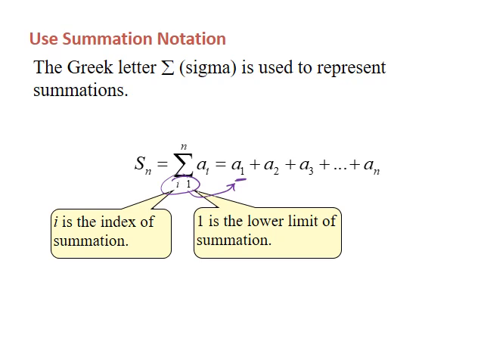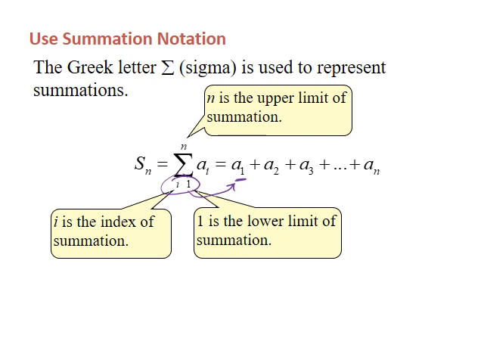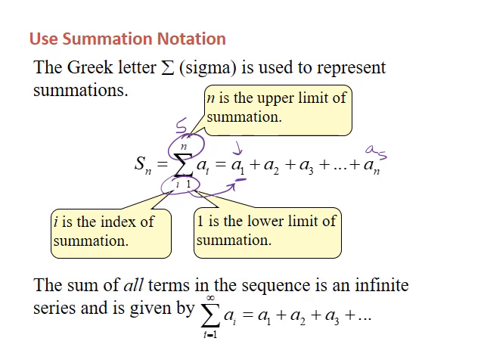So it's the lower limit. Up here, this is the upper limit. This tells us where we are going to stop. So if this is a 5, that means we are going to stop at the 5th term. All of the terms in a sequence would have an infinity symbol up at the top and would be represented in this way here.